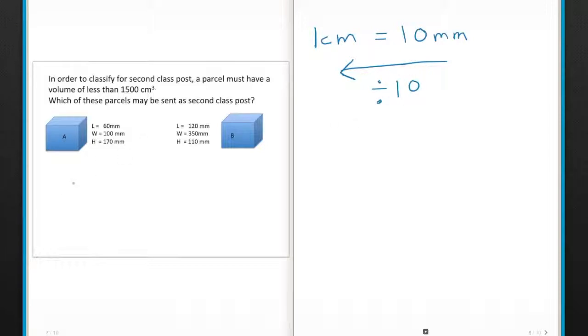So this becomes 6 times 10 times 17, and this becomes 12 times 35 times 11. That's dividing all these numbers by 10 simply by removing one of the zeros.